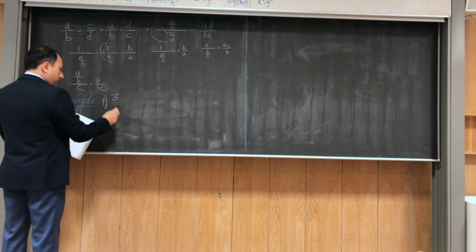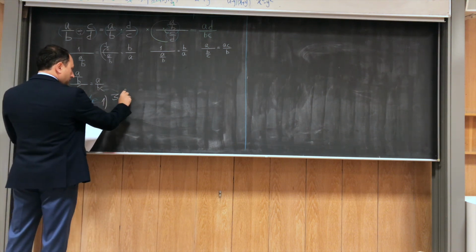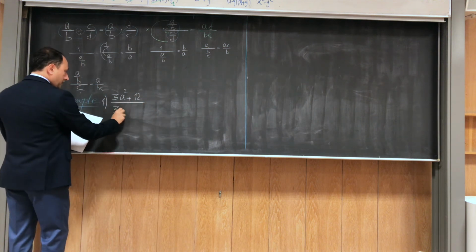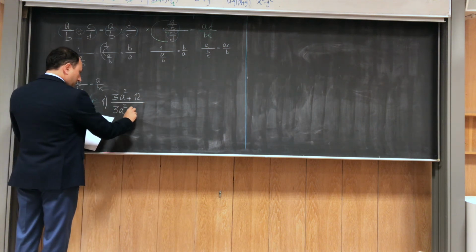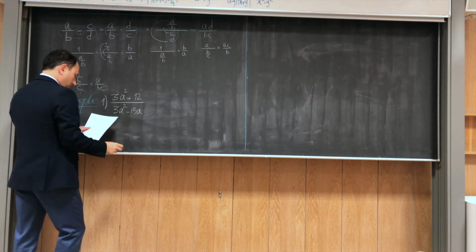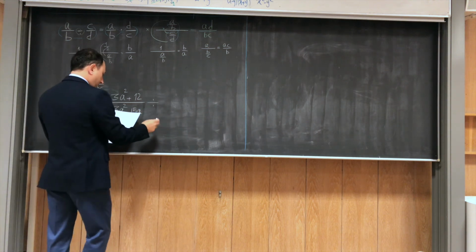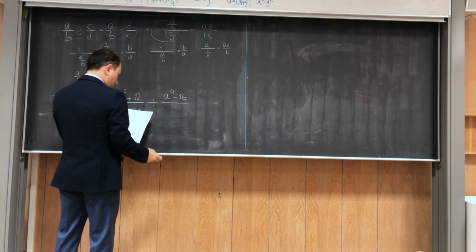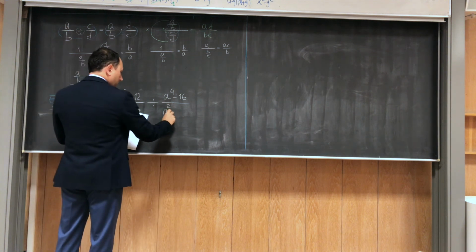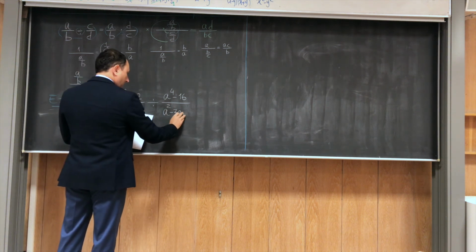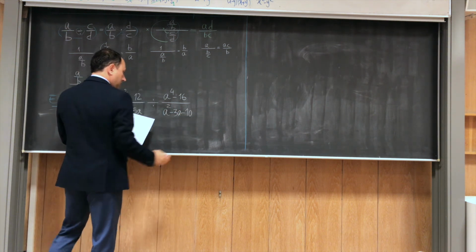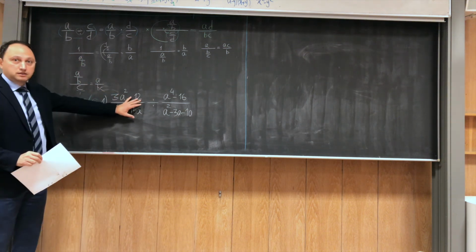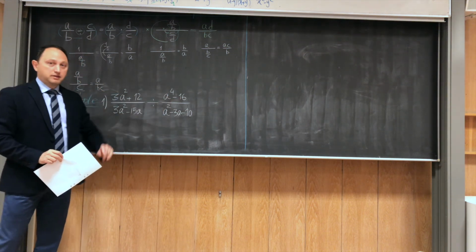Number 1: 3a squared plus 12 divided by 3a squared minus 15a, and then divided by a to the 4 minus 16 divided by a squared minus 3a minus 10. This we are supposed to do. A rational expression divided by another rational expression.